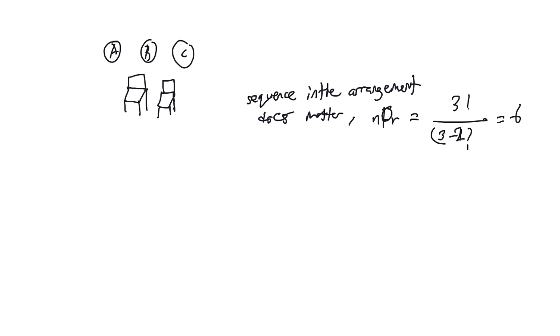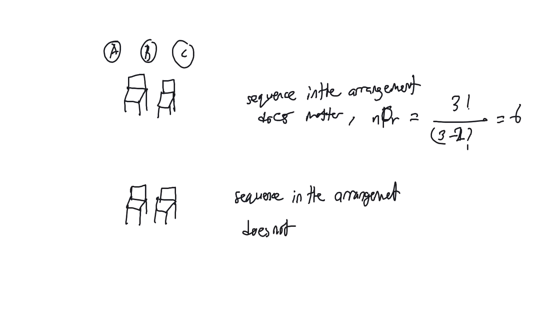If the sequence in the arrangement does not matter, it is nCr, which is nPr over r factorial, so n factorial over n minus r factorial times r factorial.